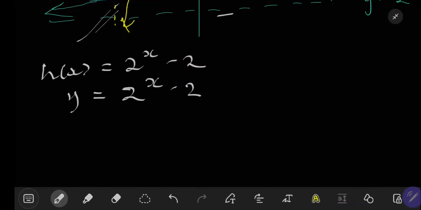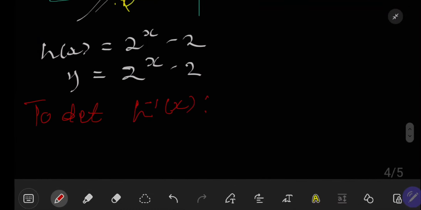So in order for us to determine the inverse, we interchange the y and the x. So here we want to determine the inverse of this graph. So we need to swap, or interchange this. So having x equals 2 raised to the exponent y minus 2. Then we take this 2 to the other side. We're going to have x plus 2 equals 2 raised to exponent y.